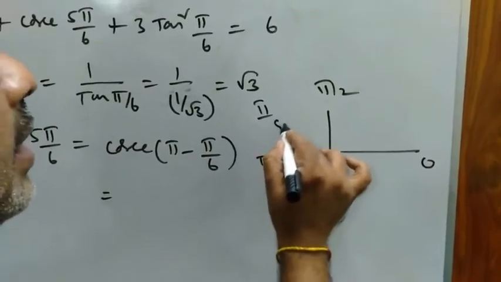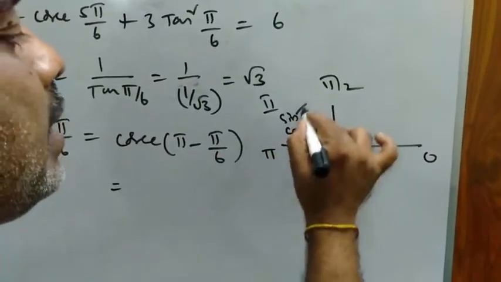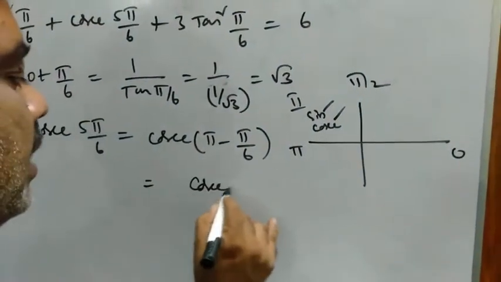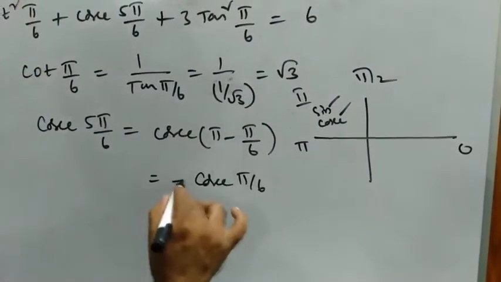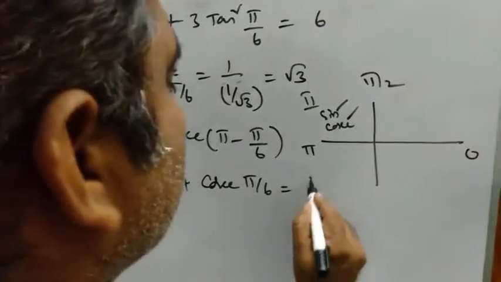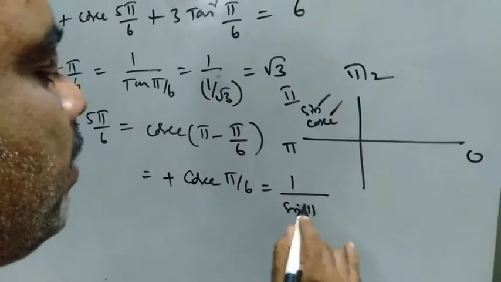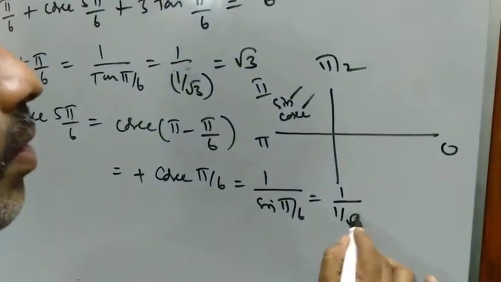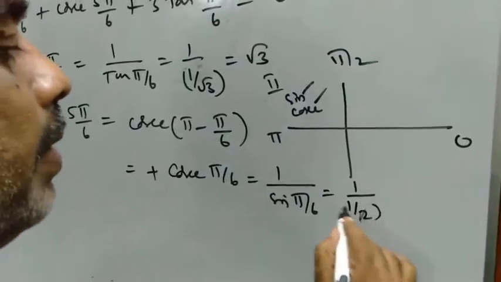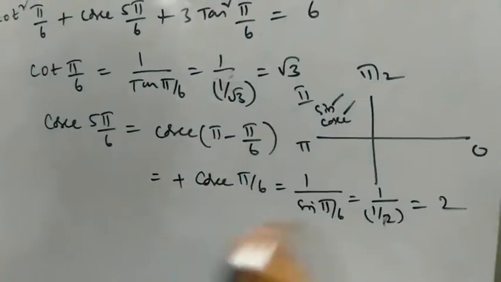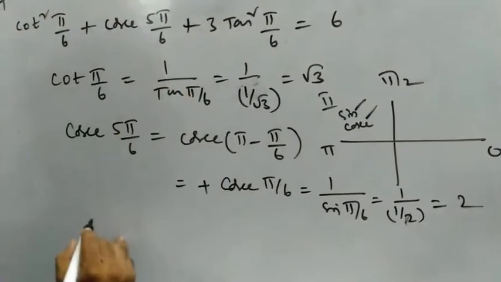In the second quadrant sine and cosecant both are positive. So cosecant will get the same as cosecant pi by 6, with a plus sign. Cosecant pi by 6 is 1 by sine pi by 6. Sin pi by 6 means 1 by 2, so the value is equal to 2. Just I am writing the values separately and then substitute.